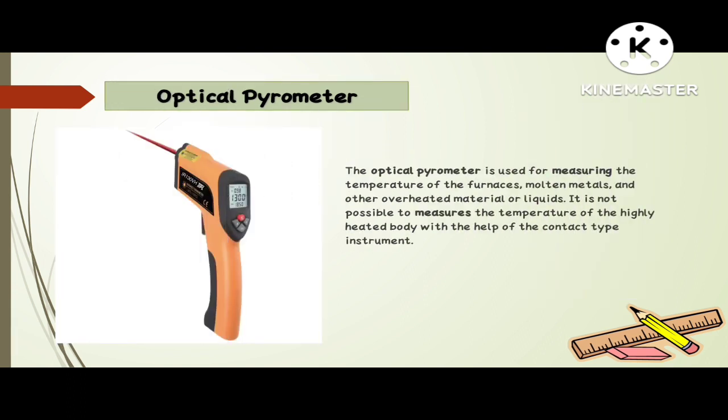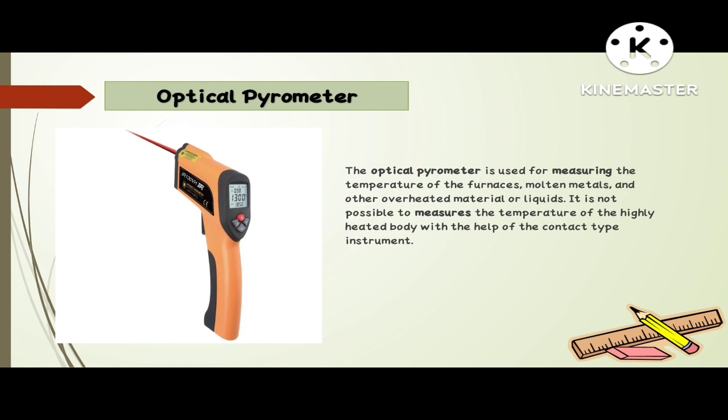Optical pyrometer. The optical pyrometer is used for measuring the temperature of the furnace, molten metals, and other overheated material or liquid. It's not possible to measure the temperature of a highly heated body with a contact type instrument.